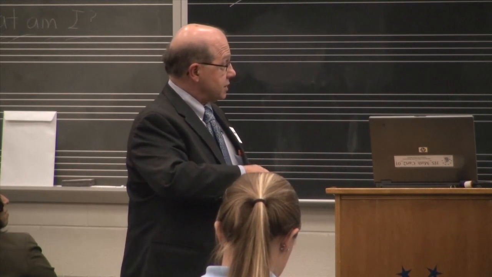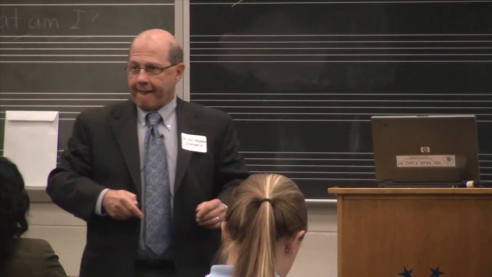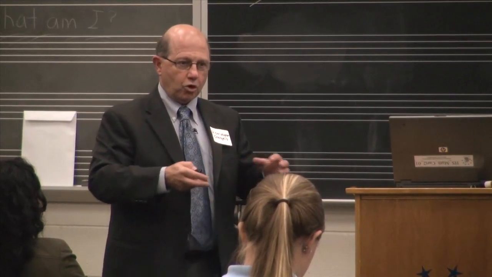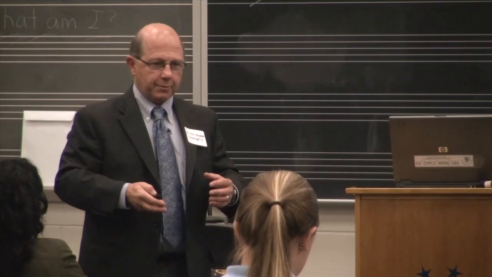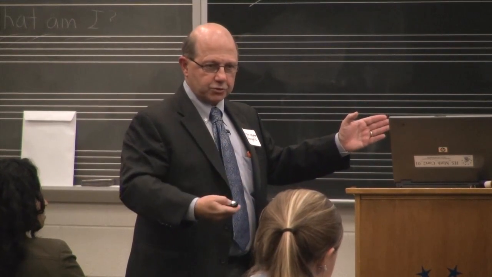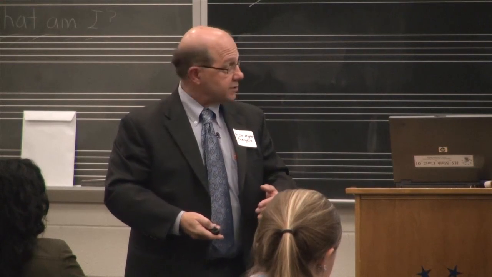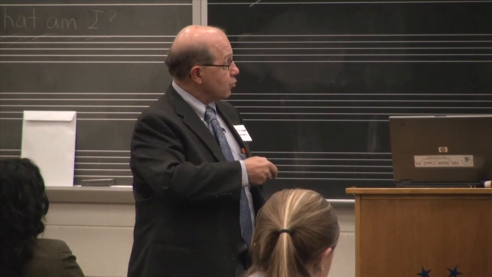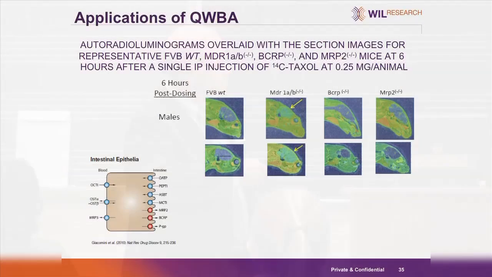So this is an area of intense research because of the way you can control where a chemical goes. If you can come up with a way to inhibit these and permit the drug to stay in the tumor, then you have a more effective therapy. Here we did some work with knockout mice. These are mice that are genetically engineered to lack some of these transporters. This one lacks MDR1, multi-drug resistant protein 1.